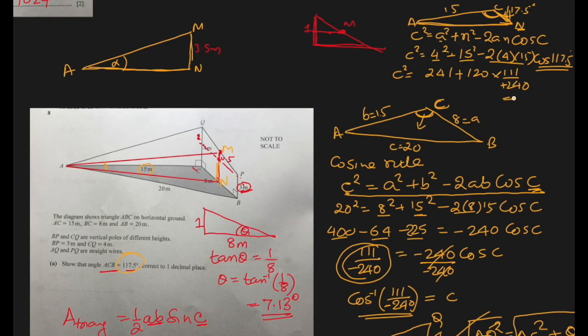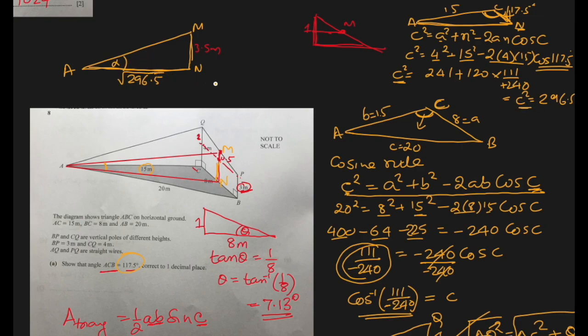Just put this in a calculator. You will get C square equal to 296.5. So we got An, which is C in this case. An comes out to be the square root of 296.5. Because it is C square, we have to use the square root of this.